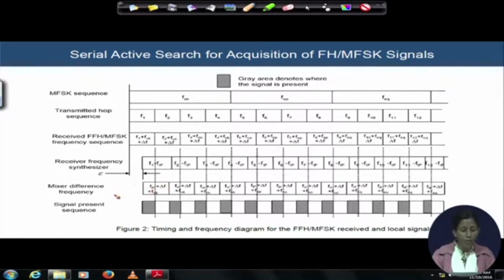So, the hopping frequency at the previous section and the hopping frequency at the next section are different at any moment, and you will be able to get the output of the detector wherever the overlap will be happening only. We may come back to this diagram if we have some confusion in the successive section.